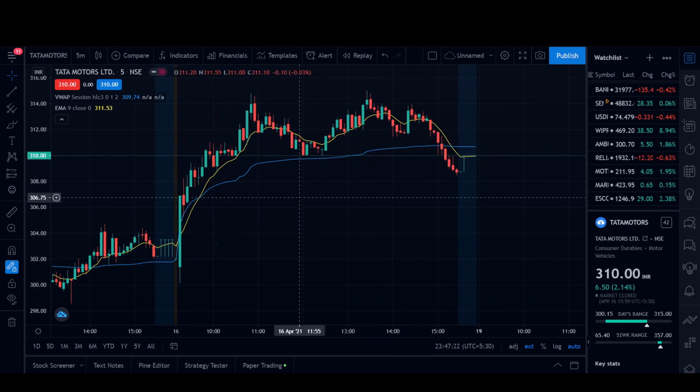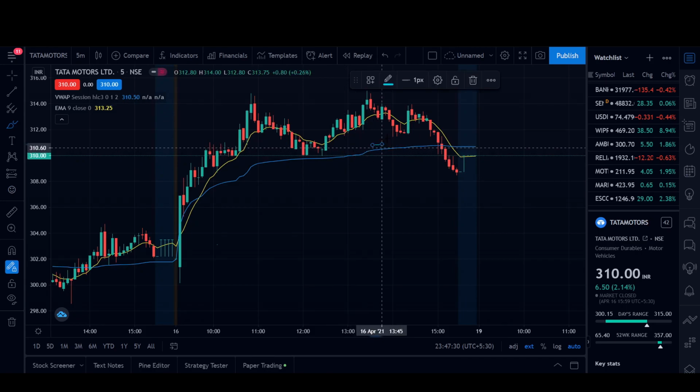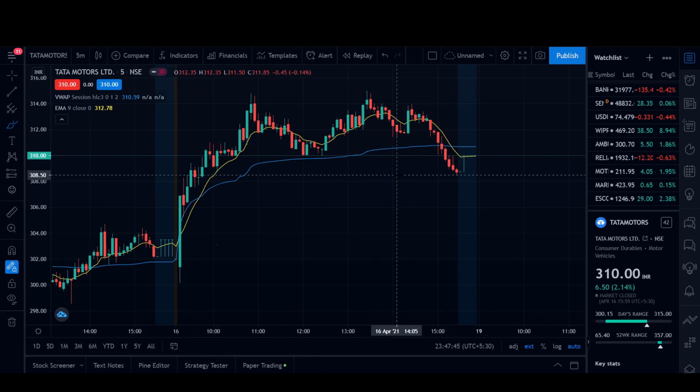We see that there's support here. The stock has come here, we bought it here, and just before our target it takes a reversal. When it is about to hit your stop loss, just let it hit your stop loss. Don't worry about it. Sometimes trades may go south and it's completely fine.